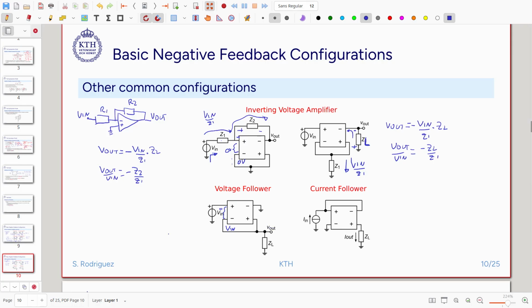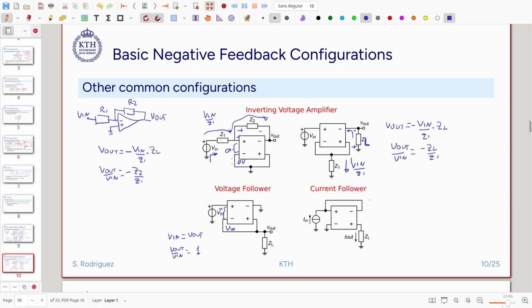So V in is going to be, in this case, equal to V out. V out divided by V in is going to be equal to 1. So this works like a voltage follower. Very high impedance at the input and zero impedance at the output, so you can drive very well small loads.